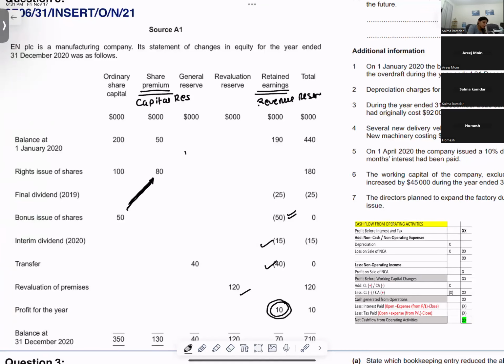So that means you have profit before interest and tax minus interest, minus tax will give you profit for the year. This 10 is the profit for the year.